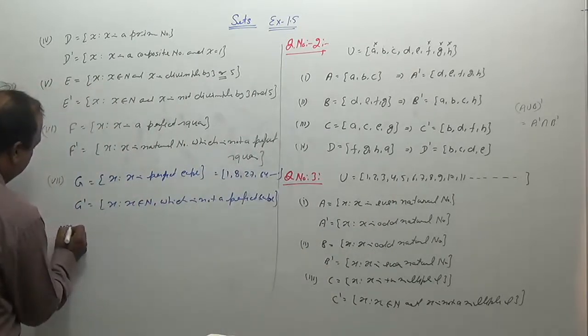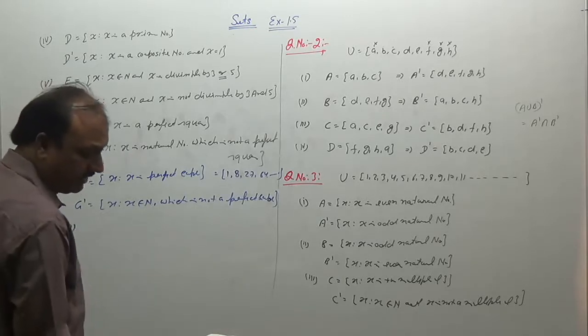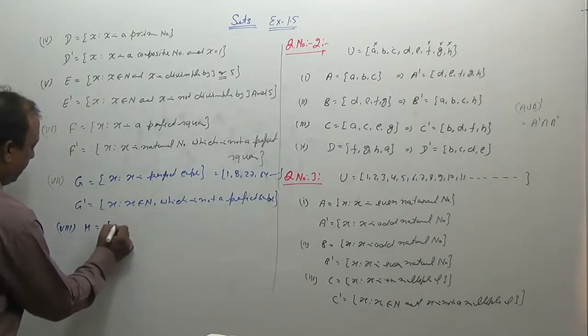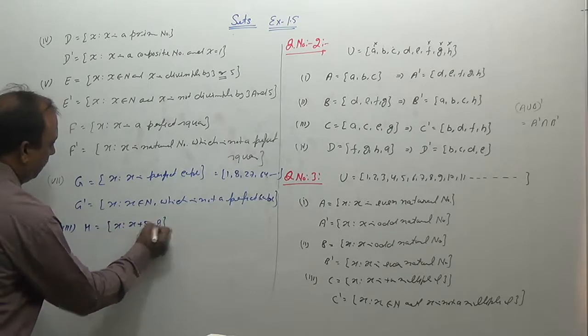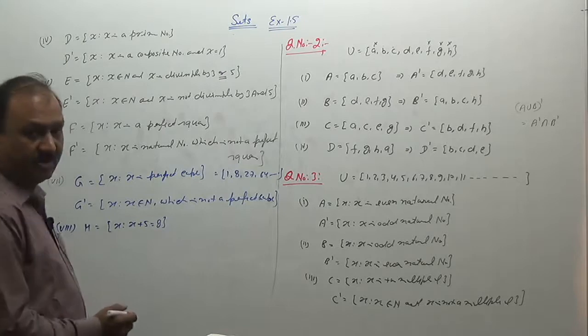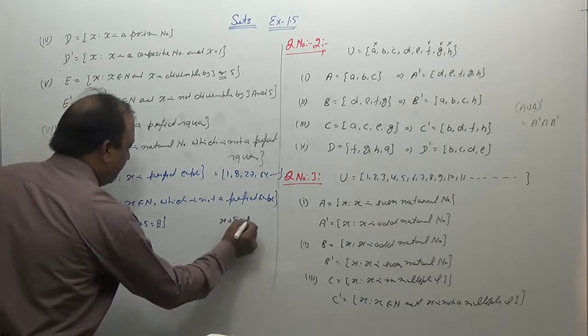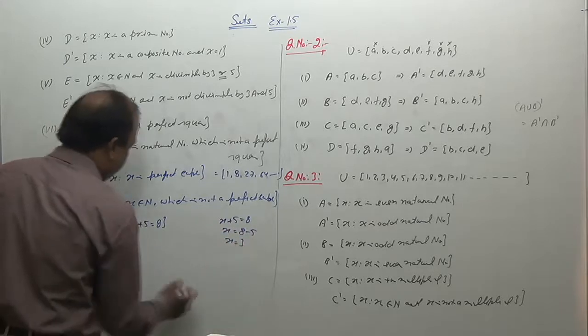Next is the 8th part. Denoted by H, x such that x plus 5 is equal to 8. So when we solve this, x plus 5 is equal to 8, so x is equal to 8 minus 5, that is 3.